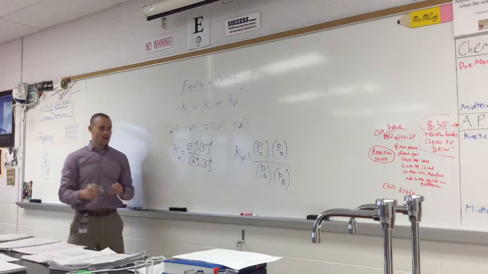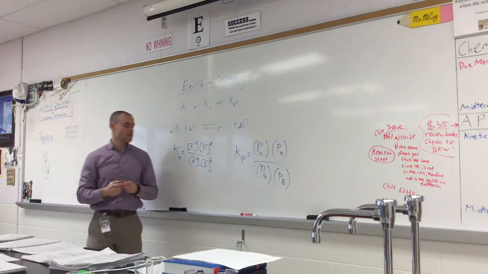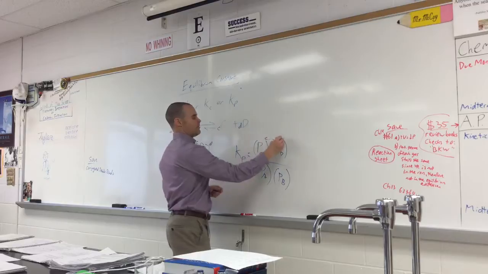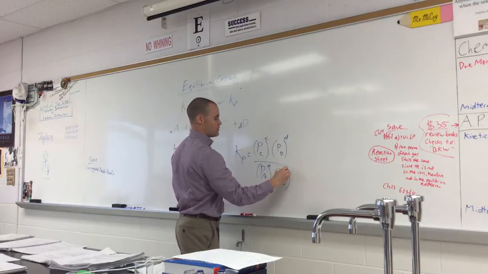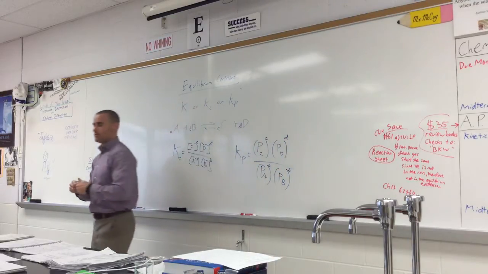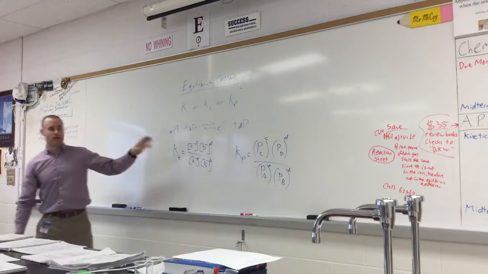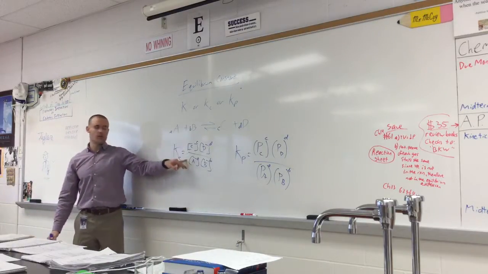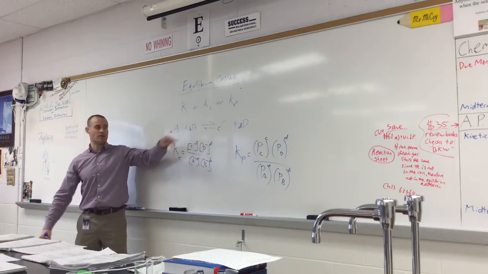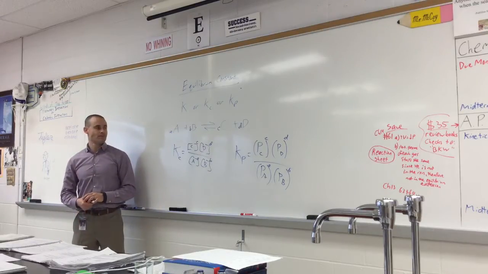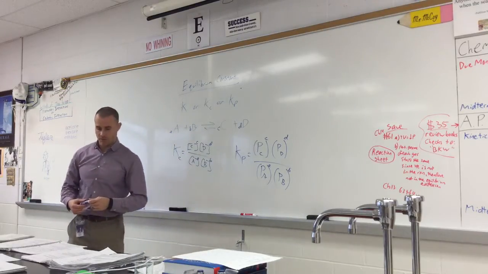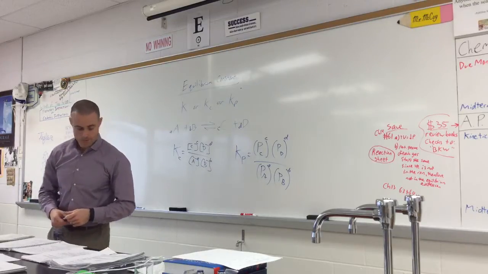Same thing for the partial pressures too. It is confusing with letters here, but we'll do examples. Basically, what do you need to know to find K? It's products over reactants, and you always raise them to their coefficient. We'll do real examples.